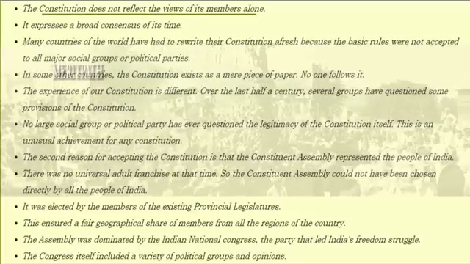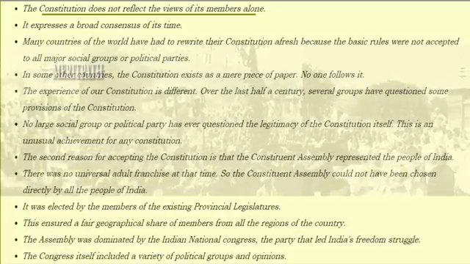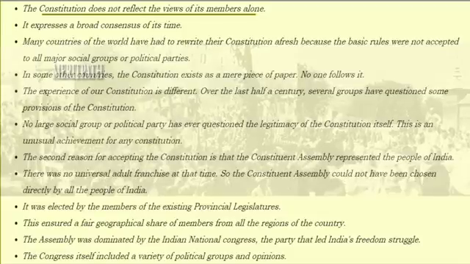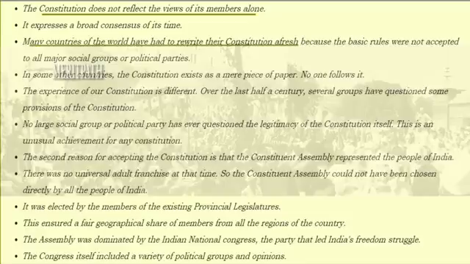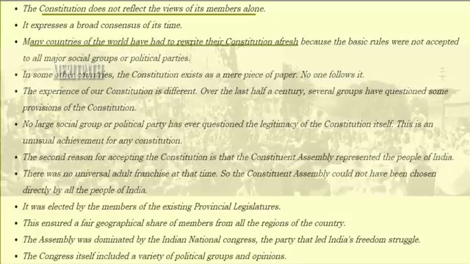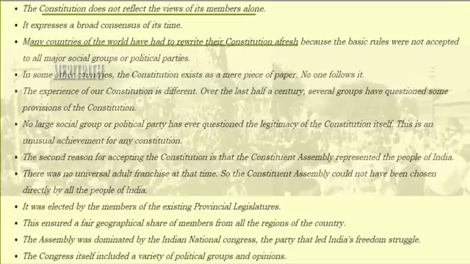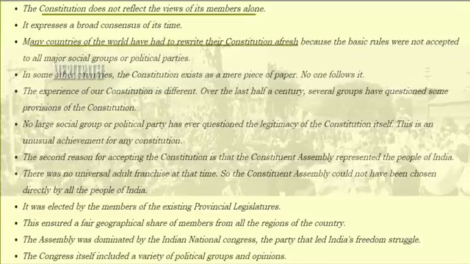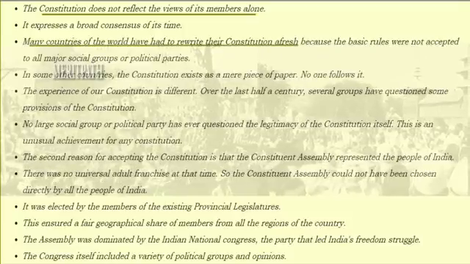The Constitution doesn't reflect the views of the members alone. It expresses a broad consensus of its time. Many countries had to rewrite their constitutions because the basic rules were not accepted by all the political parties or the major social groups. In some countries, the constitution exists as only a piece of paper.